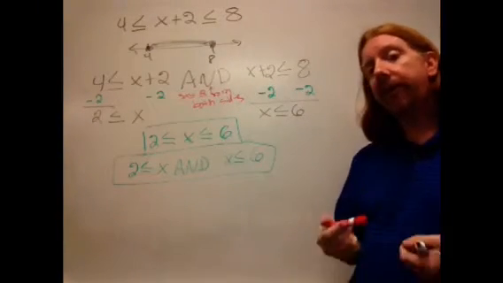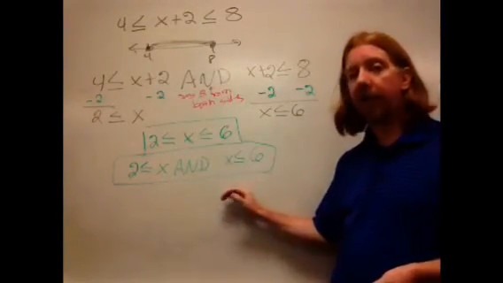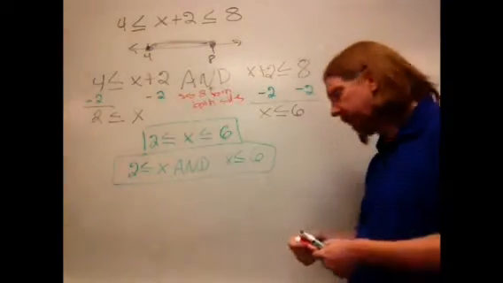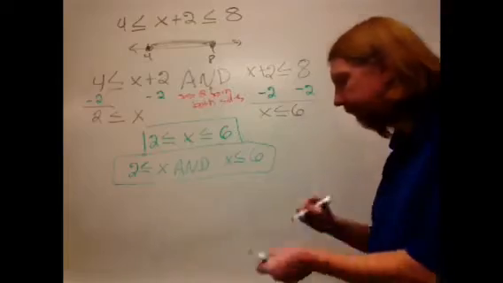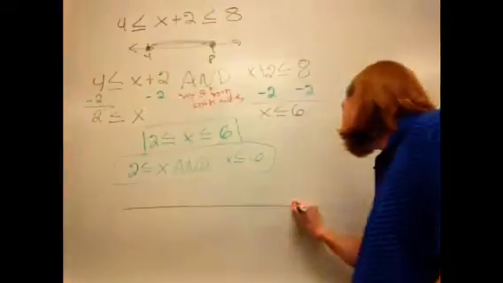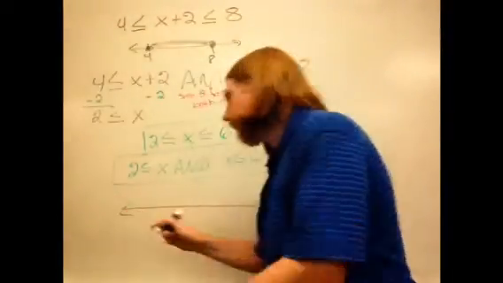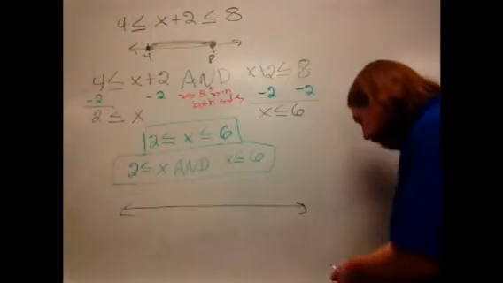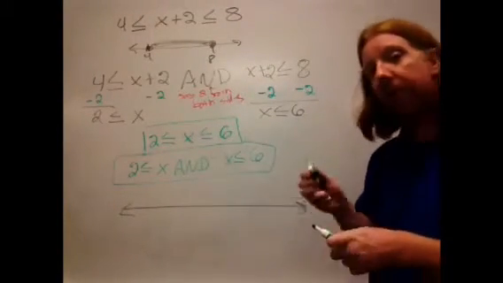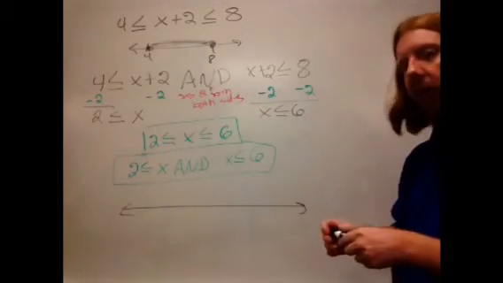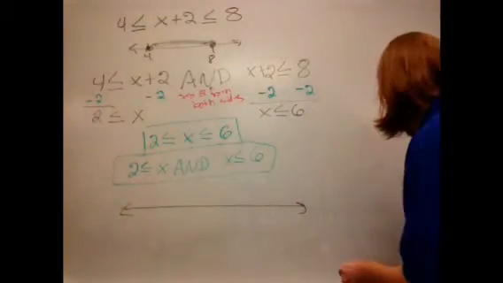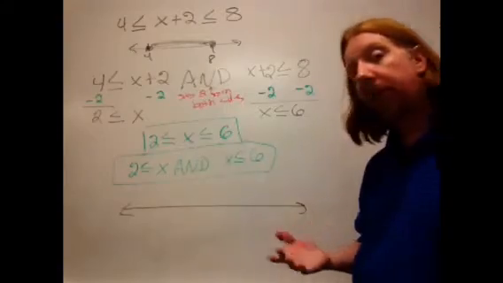The last thing I need to do now is come up with a graph of this. There are lots of different ways you can get to this graph. What I'm going to do is start with my number line. There's my number line. I want to graph both of these inequalities separately and look to see if we're talking about an overlap, where they're both satisfied.